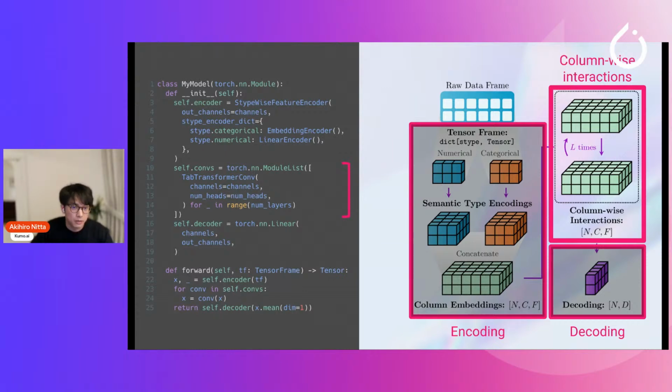You can apply it L times, on the left num layers times. You can basically plug and play just like you do in pure PyTorch, torch.nn, or torch_geometric.nn. And finally, the decoding part looks like this. This is the simplest case. It's just a linear layer applied to get the final embedding.